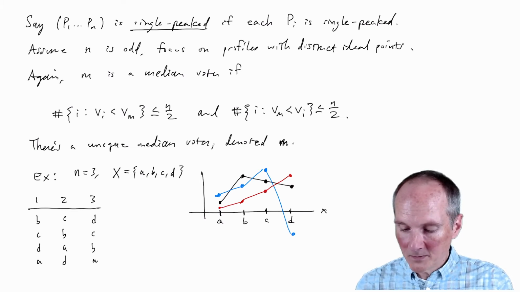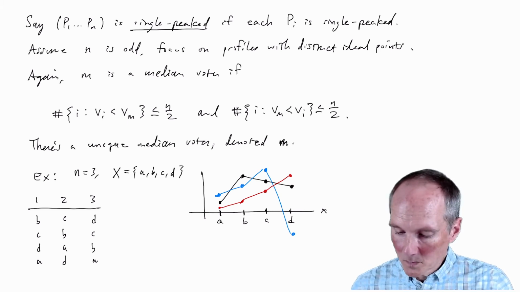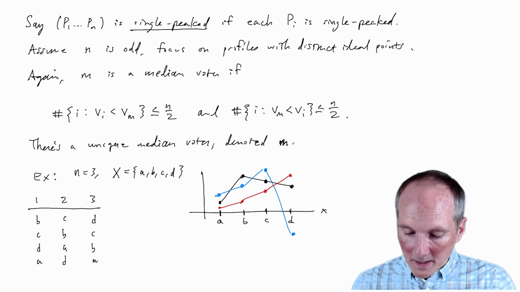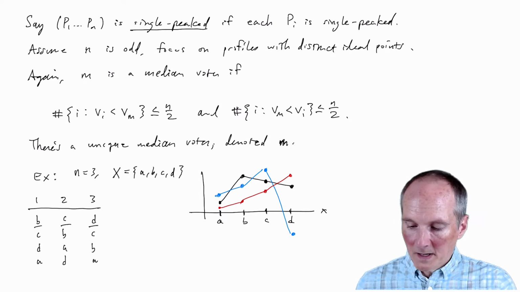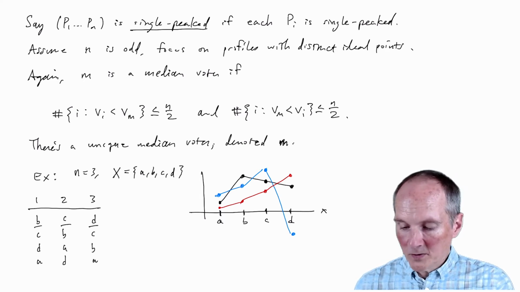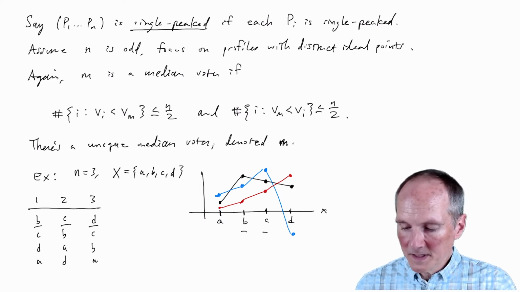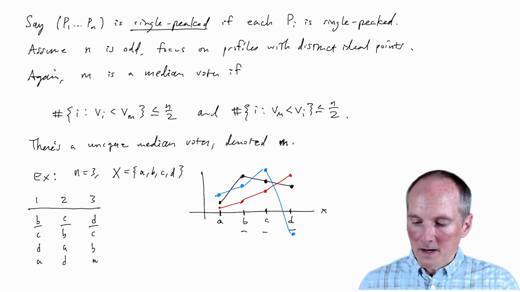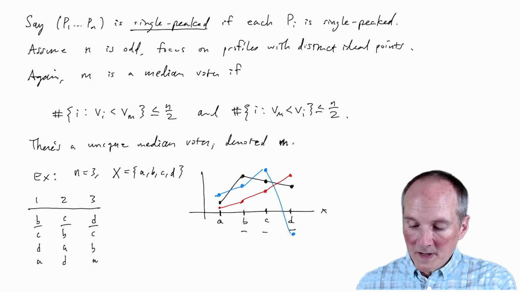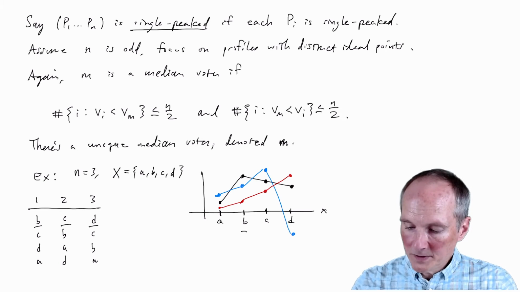And the reason is, if you look at the majority preference relation, I should take a step back here. So the ideal points are B, C, and D. And the way these are ordered on the line, B is to the left of C and C is to the left of D. There's a unique median voter here, and that is voter 2.